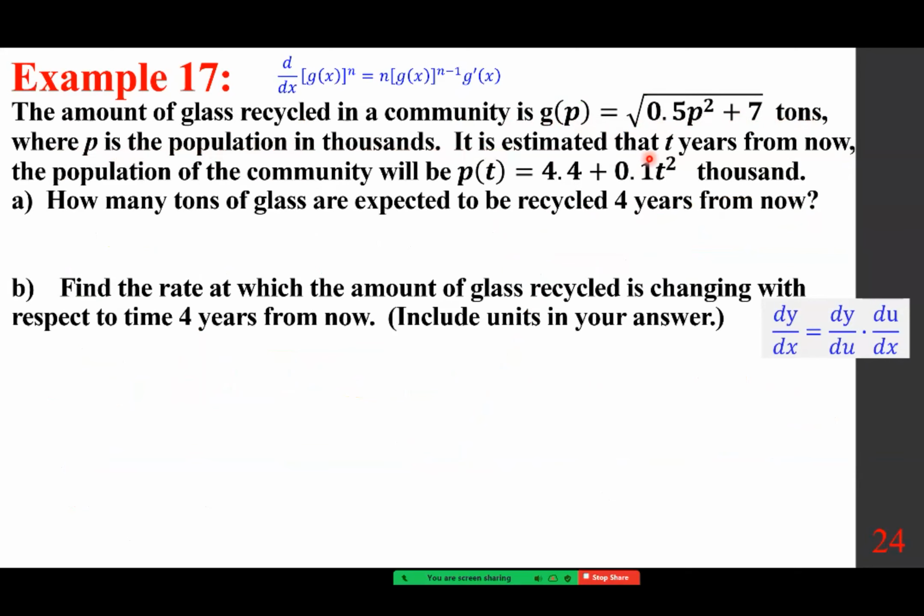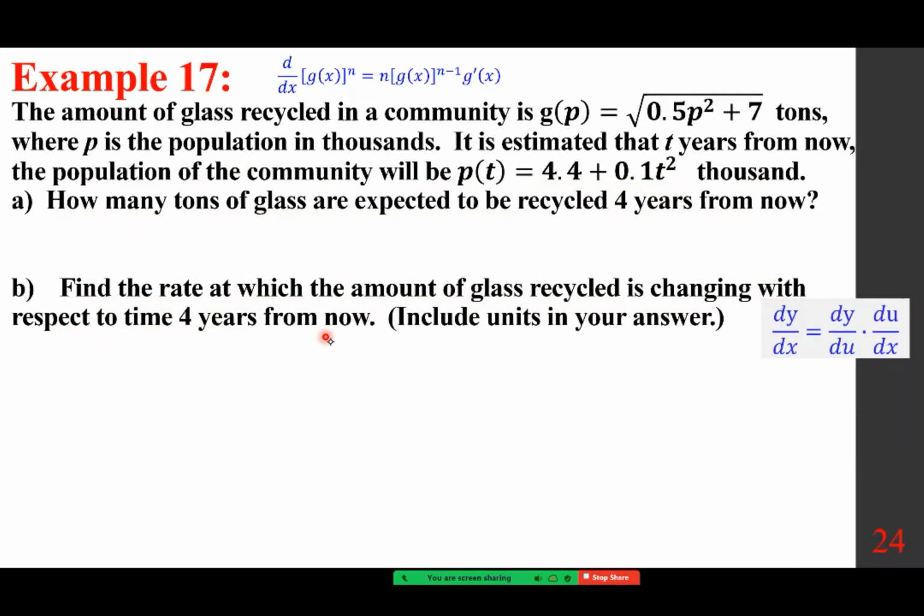It is estimated that T years from now, the population of the community will be P of T equals 4.4 plus 0.1 T squared, in thousands. How many tons of glass are expected to be recycled 4 years from now? And find the rate at which the amount of glass recycled is changing with respect to time 4 years from now. Excellent. Include units in your answers.